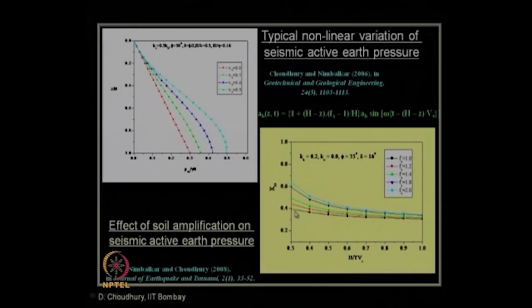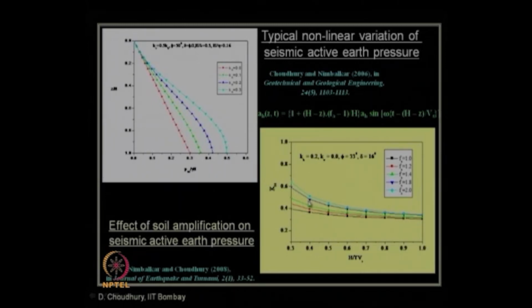Again, the variation of the amplification factor can be seen over here. When there is no amplification, this black line is the value of KAE, the design value without amplification. But when the soil gets amplified during the earthquake process, that material property also can be taken into account in this pseudodynamic approach, and you can see the design value of KAE is increasing. Can you see?